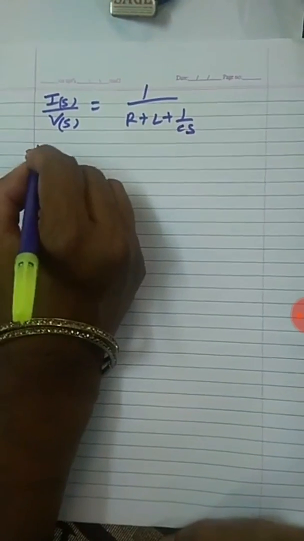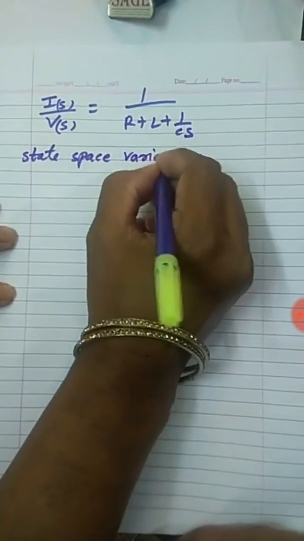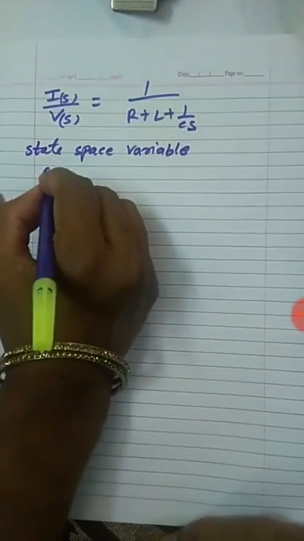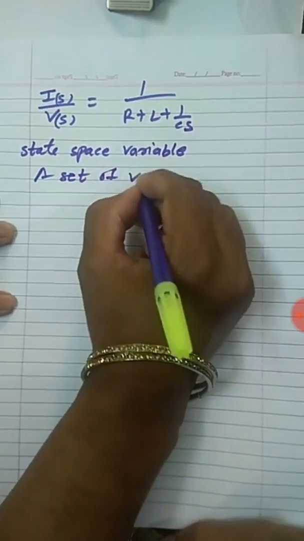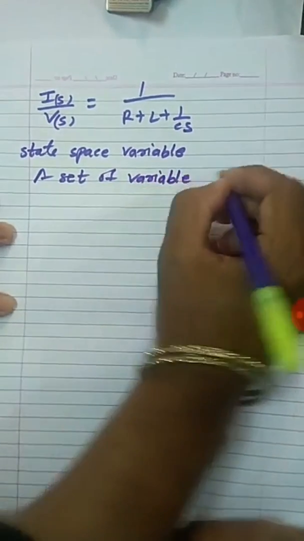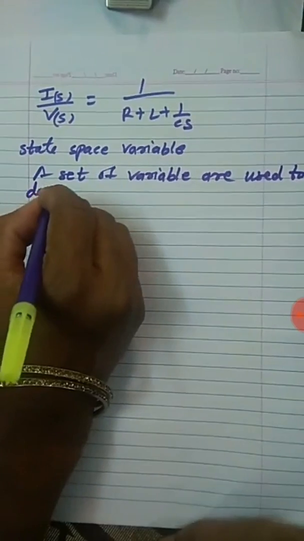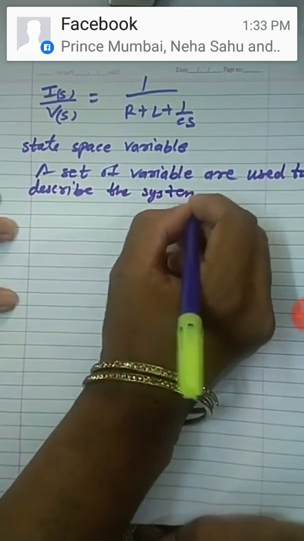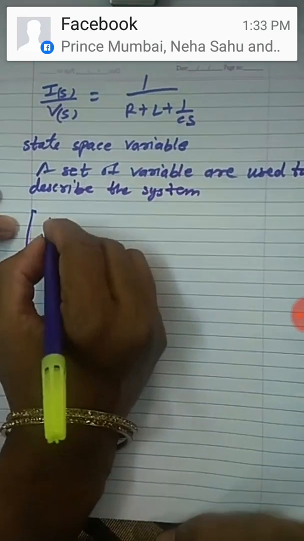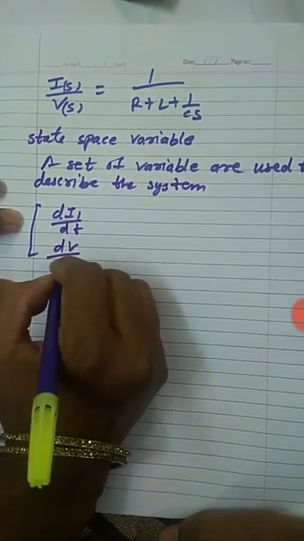Similarly, the third one is the state space variable. In this, a set of variables are used to describe the system. Generally in this, the variables are written in matrix form.